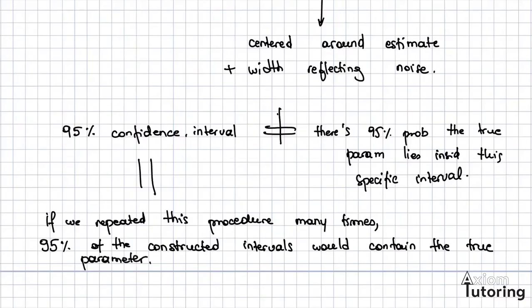So this randomness is in the interval, not the parameter.